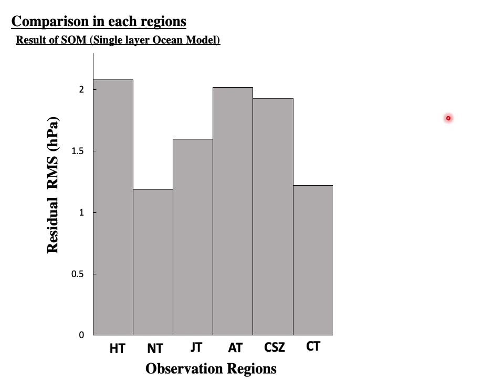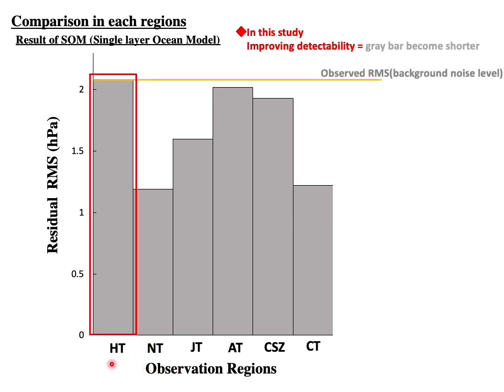In this slide, I will explain the meaning of the RMS bar graph using a conclusion slide. Firstly, this gray bar means the RMS amplitude of each region. In this study, we want to reduce the length of this gray bar because it means the background noise level. So far, we applied ocean models to shorten that. This is the Hikurangi case, and Nankai Trough, Japan Trench, and so on. Observed RMS here is relatively big.